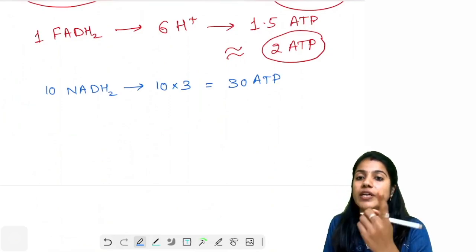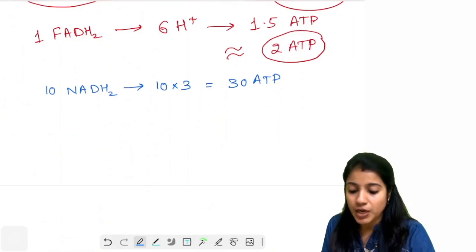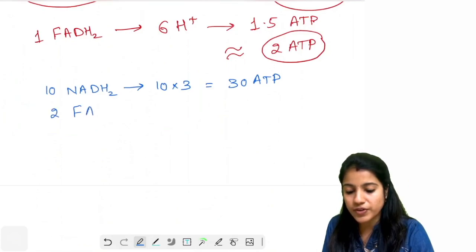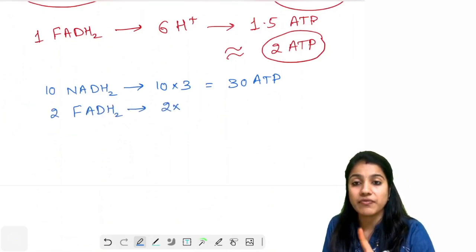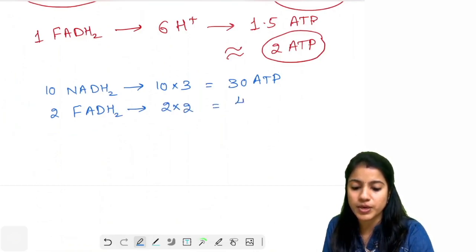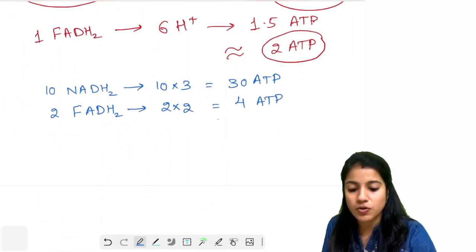Whereas 1 FADH2 gives me 2 ATP. In total, I'm getting only 2 FADH2 due to the Krebs cycle, right? So 2 molecules of FADH2, one molecule gives 2 ATP, so 2 molecules will give me 4 ATP. So from ETS alone, I'm getting 34 molecules of ATP.